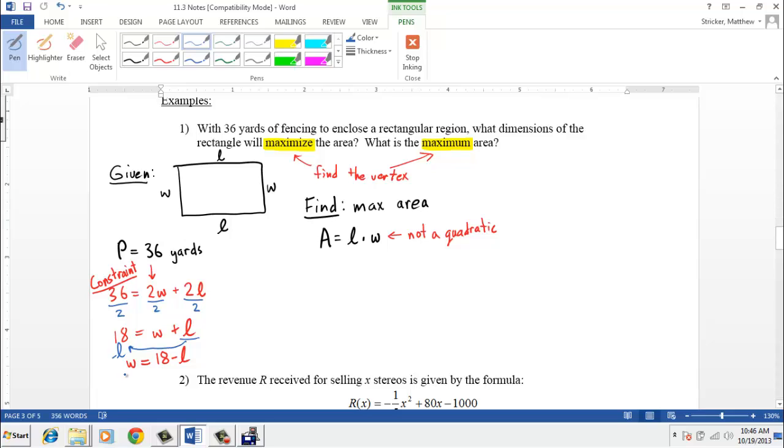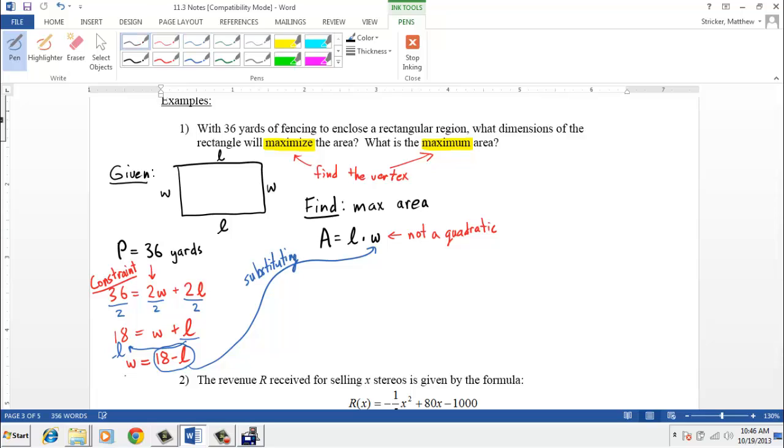Either way, I can now take what W is equal to, the 18 minus L, and I can plug it in for W. What do we call that? We call it substituting. We do it all the time in math.